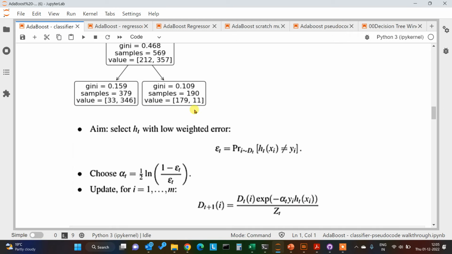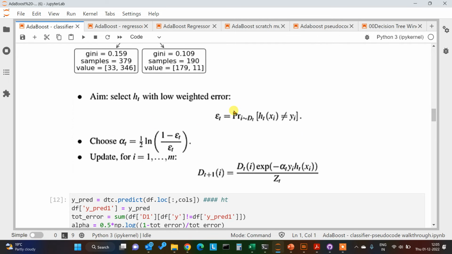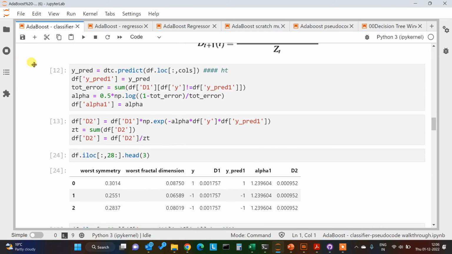Once a tree is built, now we need to calculate all those requirements, starting with the total error. So we'll calculate the total error, and then the amount of say, and then we will update the weights. So let's do that.